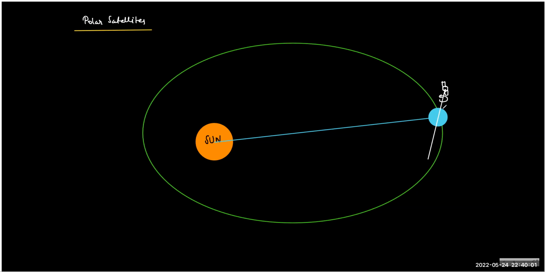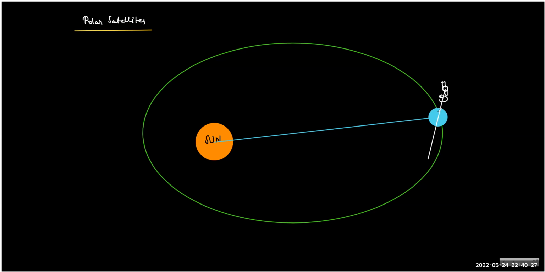And that's why it will always be above the pole of the Earth, which means the satellite is moving under the influence of the sun's gravity, and in a way it has escaped the Earth, because Earth is not able to pull it down. Compared to the distance of Earth from the sun, the height of the polar satellite is not too much.